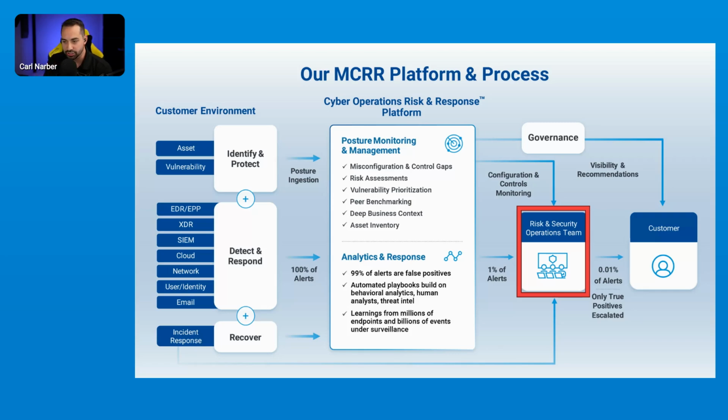So you need to carve out the 99%, get to the 1%, and then the goal is getting to the 0.01%. Realistically, a 20,000 seat customer should only be looking at like 10 to 20 alerts a month. If that sounds like a dream, I'm telling you it's real because you can get there.